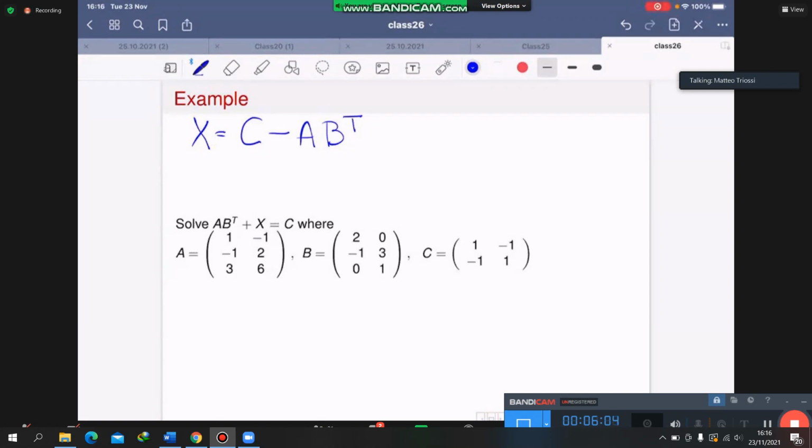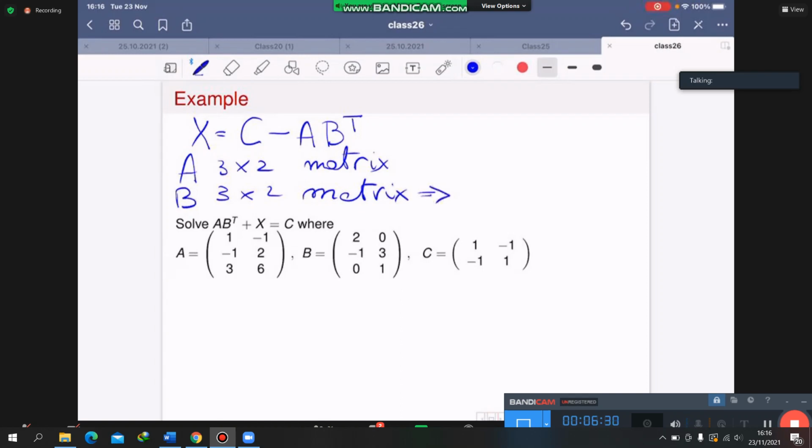So let's check whether A B^T makes sense. So A is a 3 by 2 matrix. B is a 3 by 2 matrix.